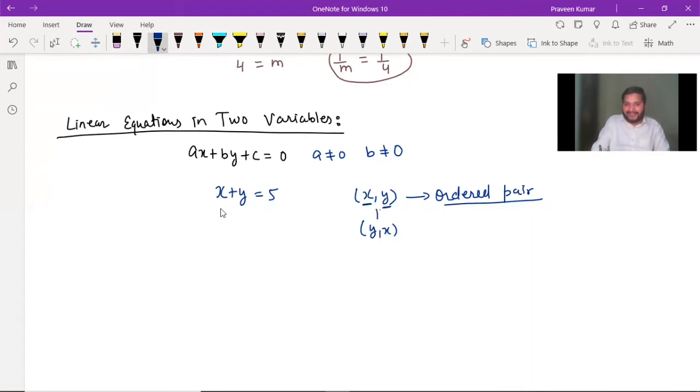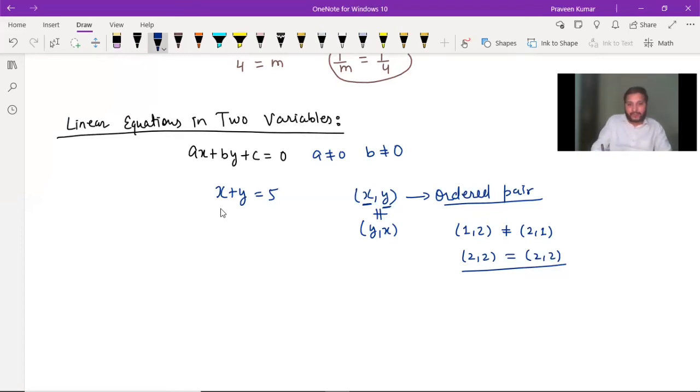These two entities are not equal in general. If x is equal to y, then definitely they will become equal. But in general, they are not equal. For example, (1, 2) will not be equal to (2, 1). But (2, 2) will be equal to (2, 2). Means if x is equal to y, then (x, y) will become (y, x).